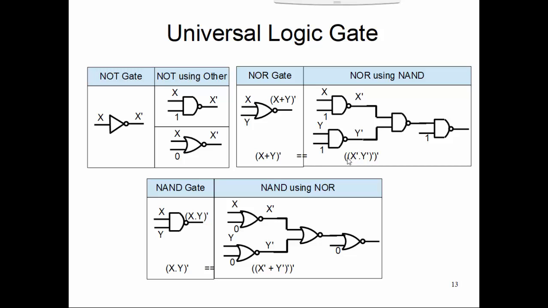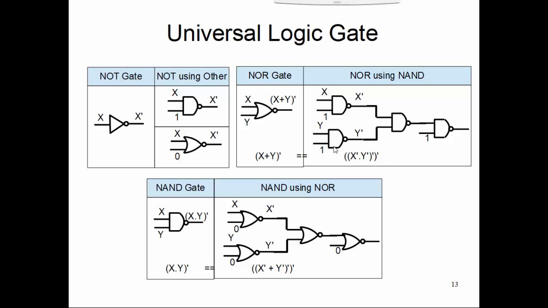We NAND X bar and Y bar, and then we are inverting it. So internally this (X bar AND Y bar) whole bar is basically, by De Morgan, X OR Y whole bar. So using these 4 NAND gates, 3 of them used as inverters and the other as a NAND gate, we can implement a NOR.